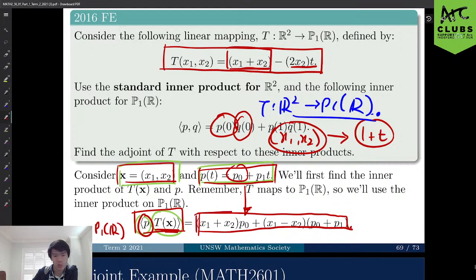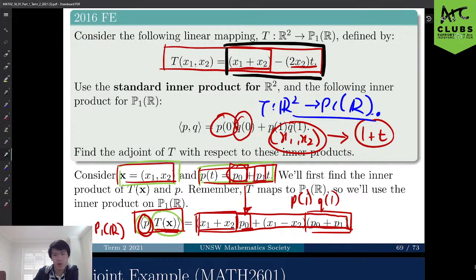So that's why we have x1 plus x2 times p of 0. And we can do the same thing over here. We just do P1 times Q1. So we evaluate P1, and that's going to be P0 plus P1. Then what we do is we do the same thing with this polynomial. And we calculate it at 1, so we get x1 plus x2 minus 2x2. So that'll be x1 minus x2. So now we have that this inner product is going to be this.